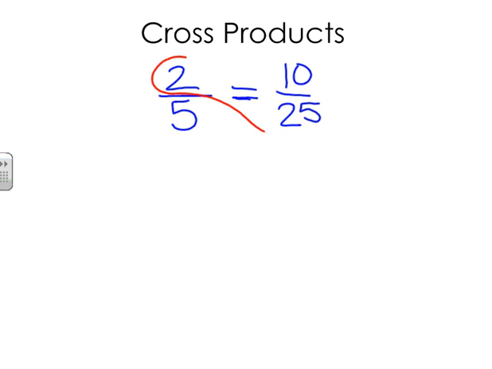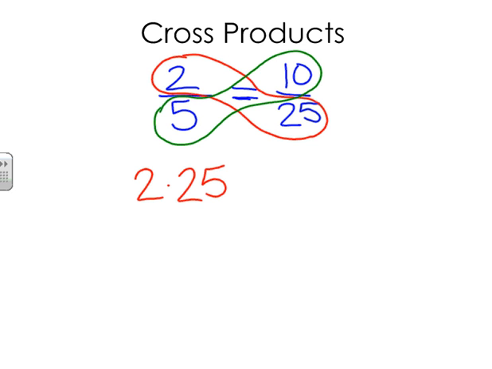All right, next we're going to see another property called the cross products property. Now in the cross products property, let's just start with some of those fractions we just saw. Let's do 2/5 and 10/25. Okay, we just proved that those are proportional. In the cross products property, what I can do is multiply 2 times 25, write that in red, and I can multiply 5 times 10.